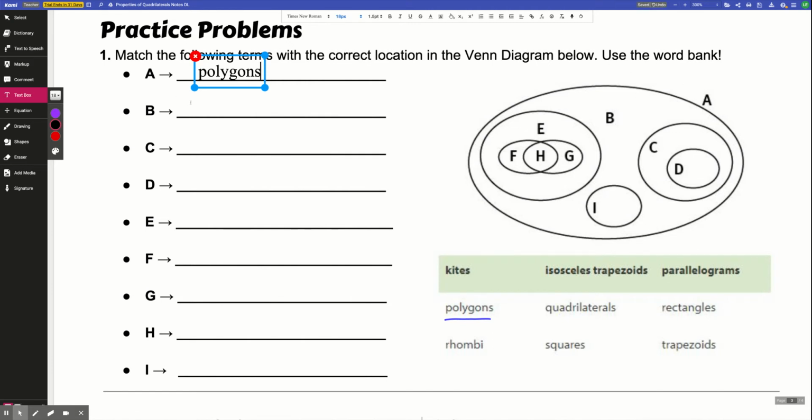So that's just any shape. And that means B would have to be the most general type of four-sided shape, which is a quadrilateral. Okay, and then we have three groups essentially. We have one group that has two items, one group that has one, and then one group that has four.